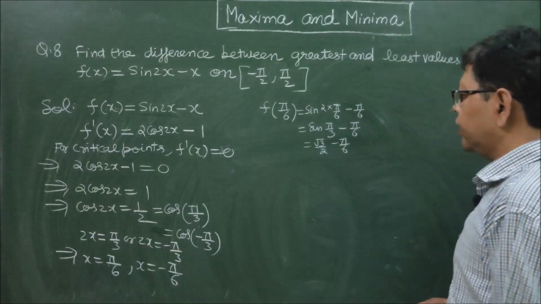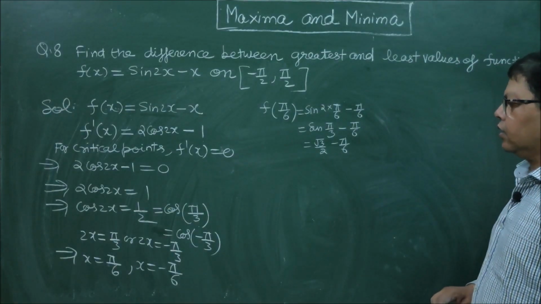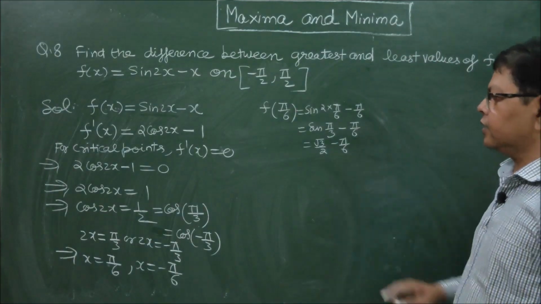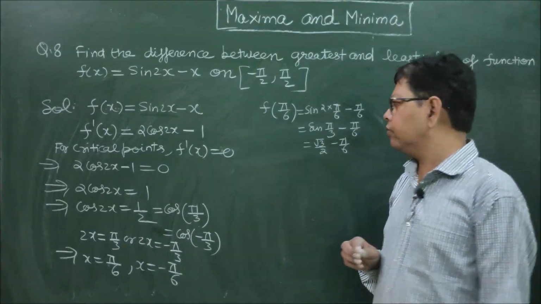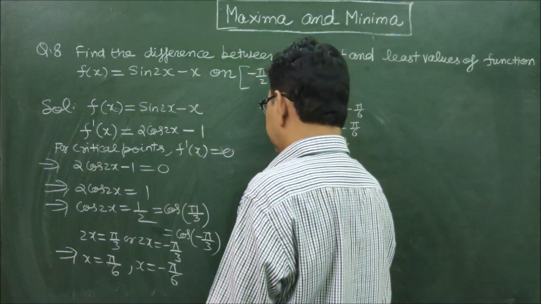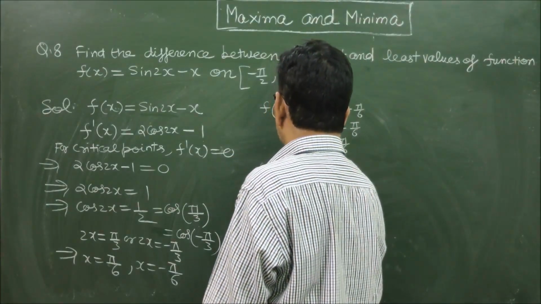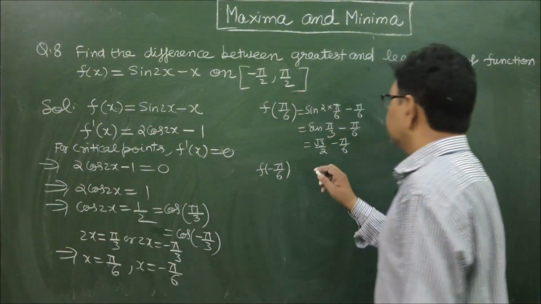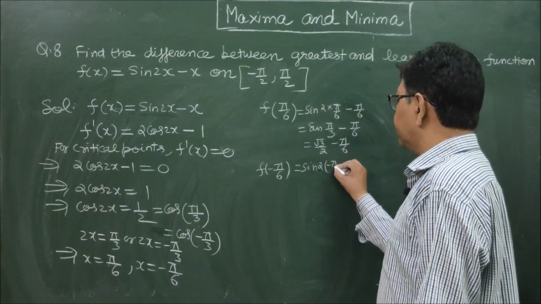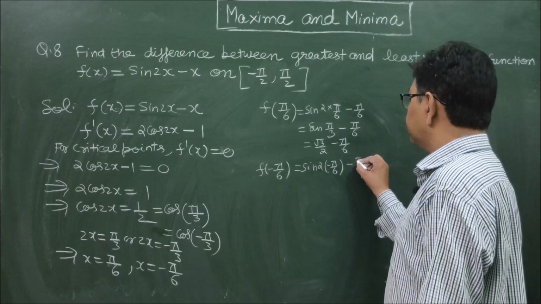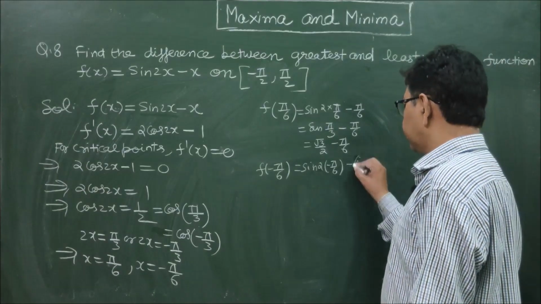So first let us find the values at various critical points and at the end points, then we will find which is the maximum value and which is the minimum value. Now f of minus pi by 6 is equal to sine 2 into minus pi by 6 minus minus pi upon 6.